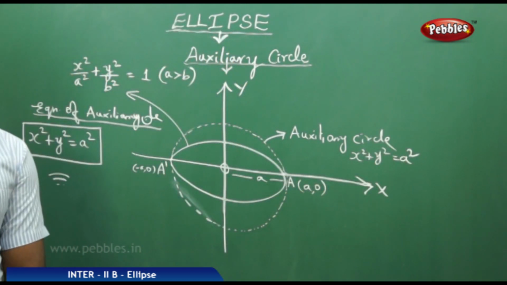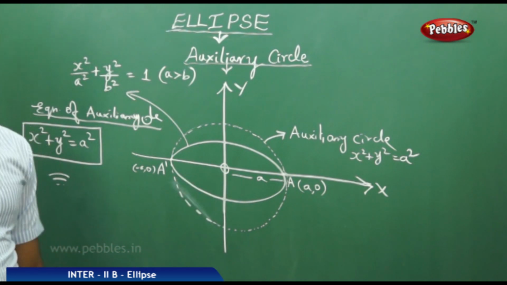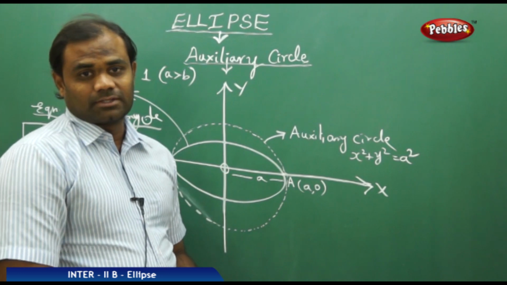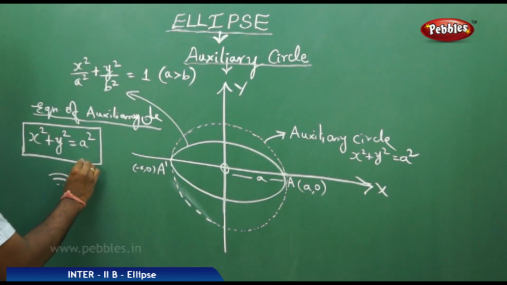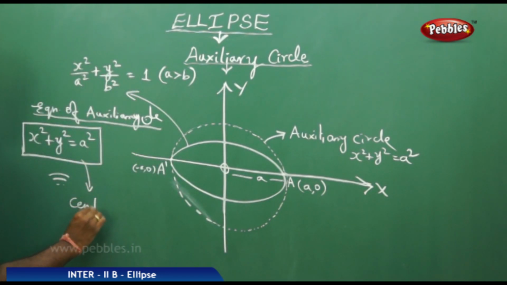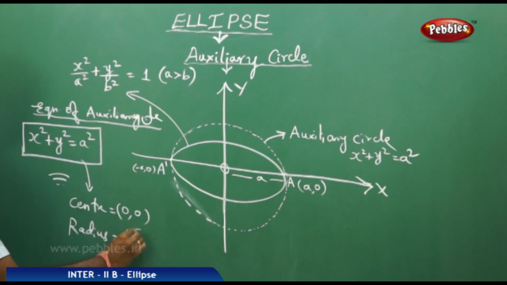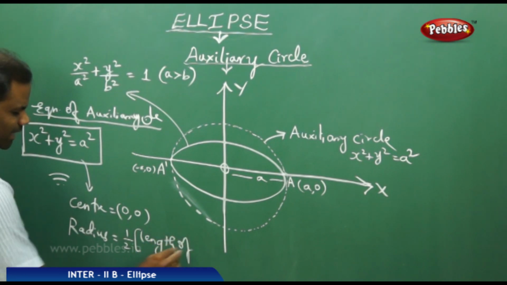So the auxiliary circle has center as origin and radius is half of the length of major axis.